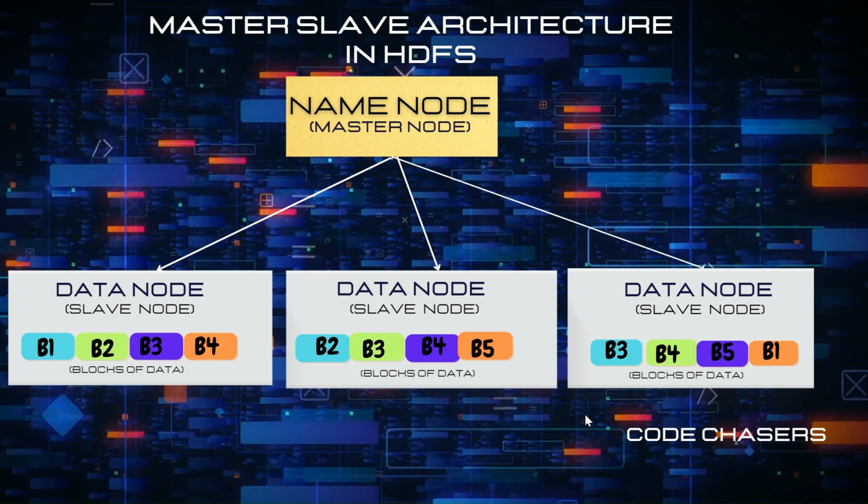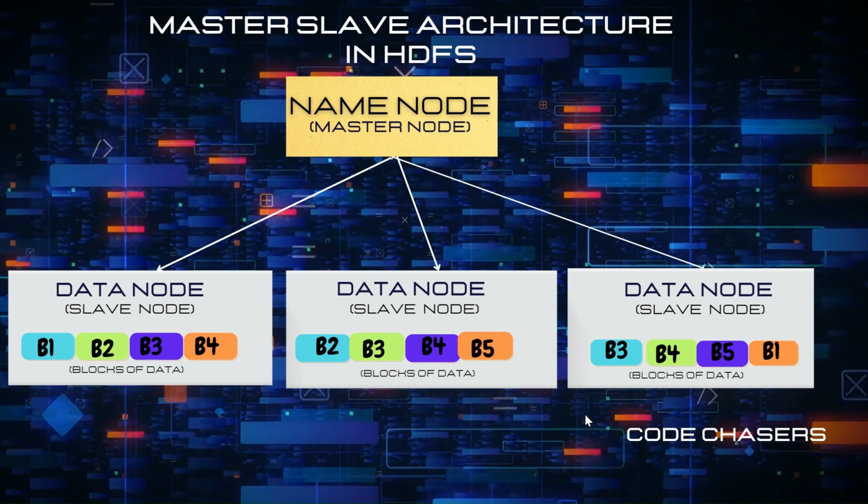The name node regulates the access. So first of all, we have to contact the name node. The name node has to give permission to us. Then only we can access the data present in the data nodes. The name node gives an authentication token to a client. Only after receiving the authentication token can the client access the actual data present in the data node. That is the important part the name node plays here.